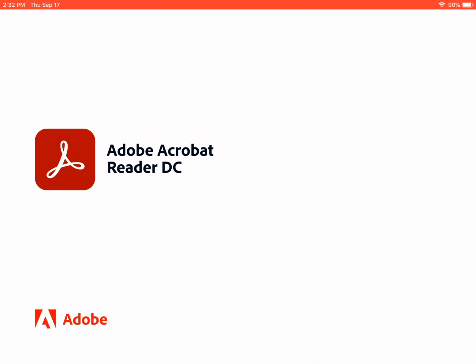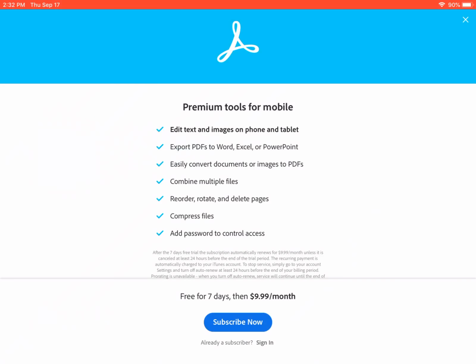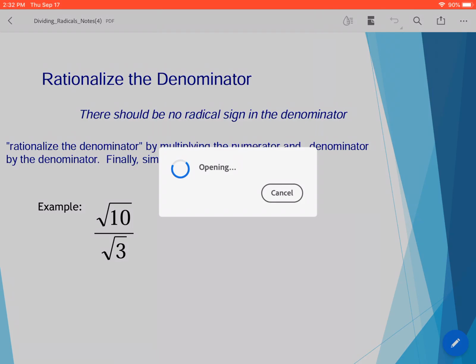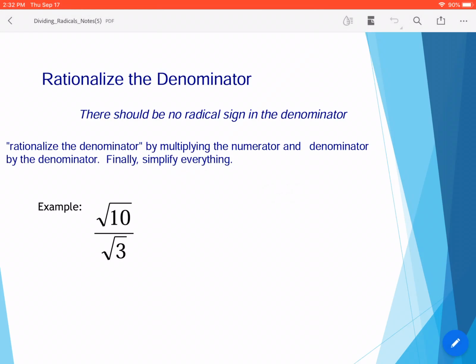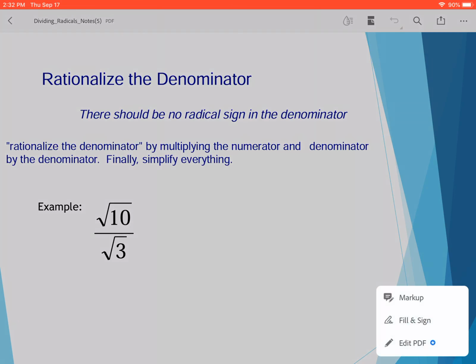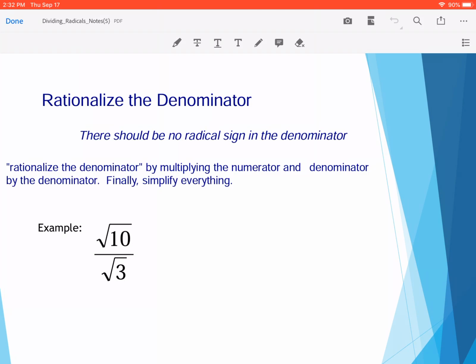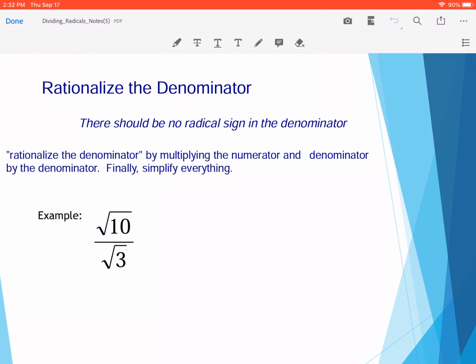Let me pull it back up here. There it is. Right now we have a problem with this. It's radical 10 divided by radical 3, and we have a radical on the bottom. So we have to get rid of this radical 3.